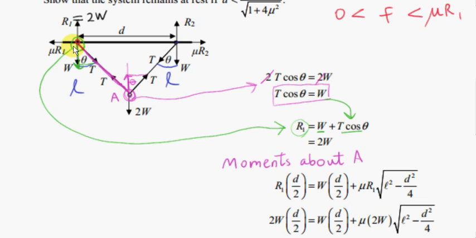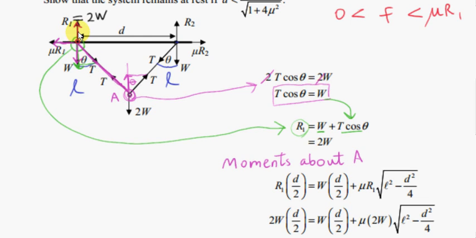So, in this part of the system indicated in purple, only 3 forces will have moments about the point A. This force R1, the force W, the weight of the ring, and the friction force on the ring, mu times R1. So we take the moments of these 3 forces about the point A.